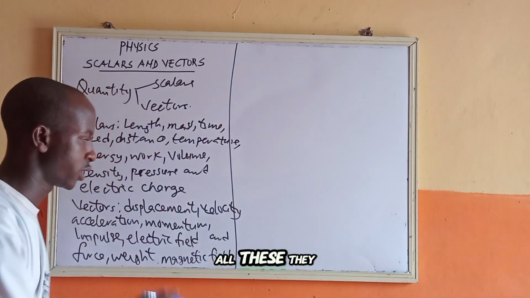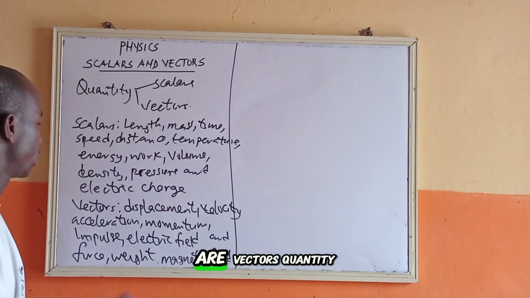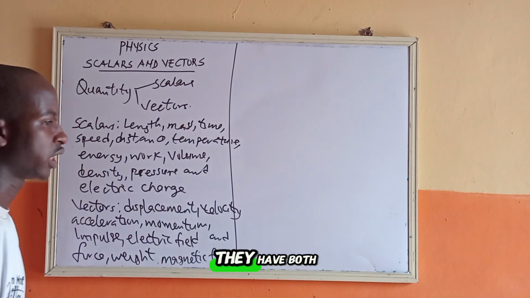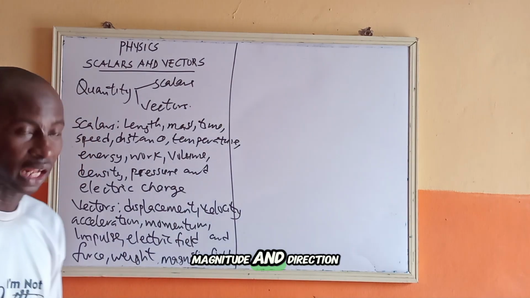So all these are vector quantities. They have both magnitude and direction.